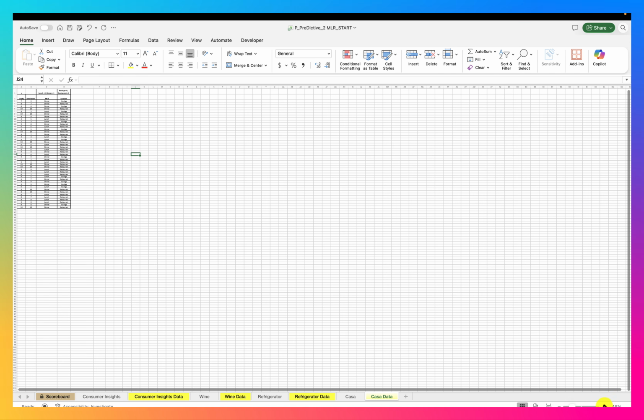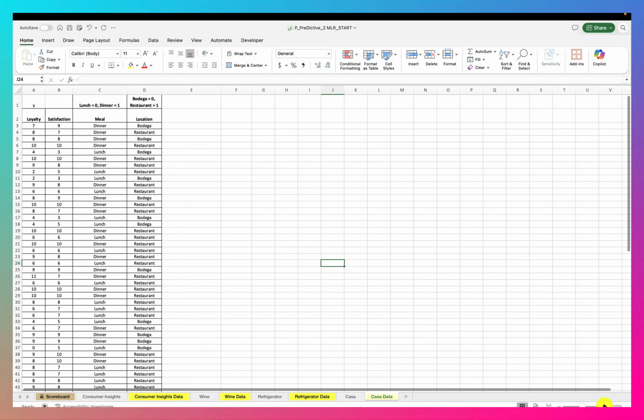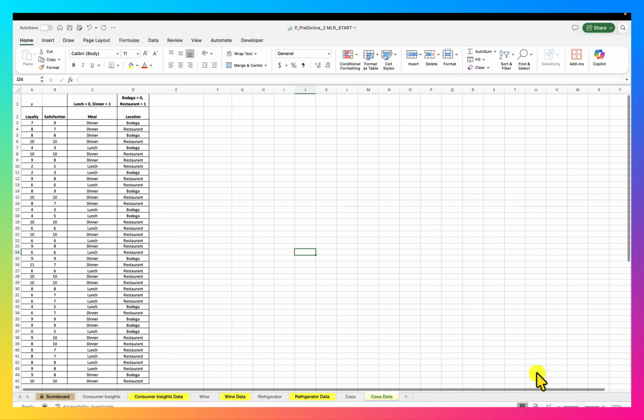Okay, so let's go over to the data and zoom in again. Try to remember to get that zoomed by the time I give it to you. Alright, so what's being predicted is loyalty, which is number of visits per year, based on satisfaction, when they eat, lunch or dinner, and if they eat in the bodega or the restaurant portion of the restaurant.